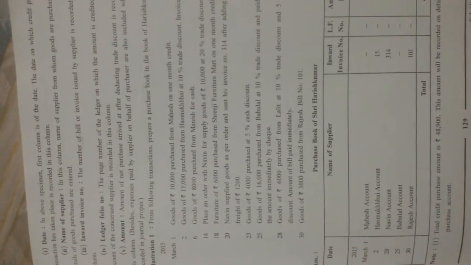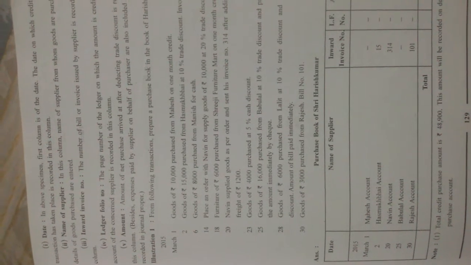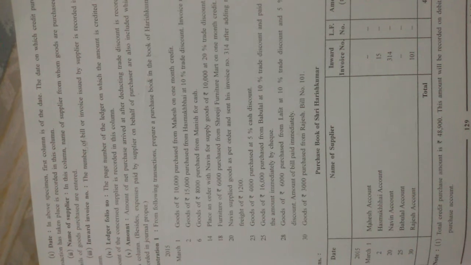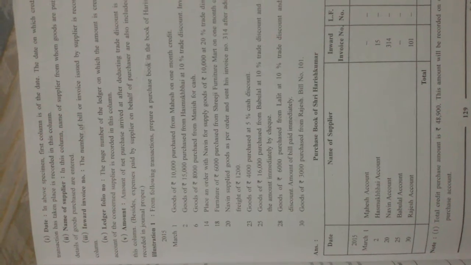The amount of net purchases arrived at after deducting trade discount is recorded in this column. Expenses paid by the supplier on behalf of the purchaser are also included, which are recorded in the journal proper. So these are the 5 columns of the specimen of the simple purchase book.